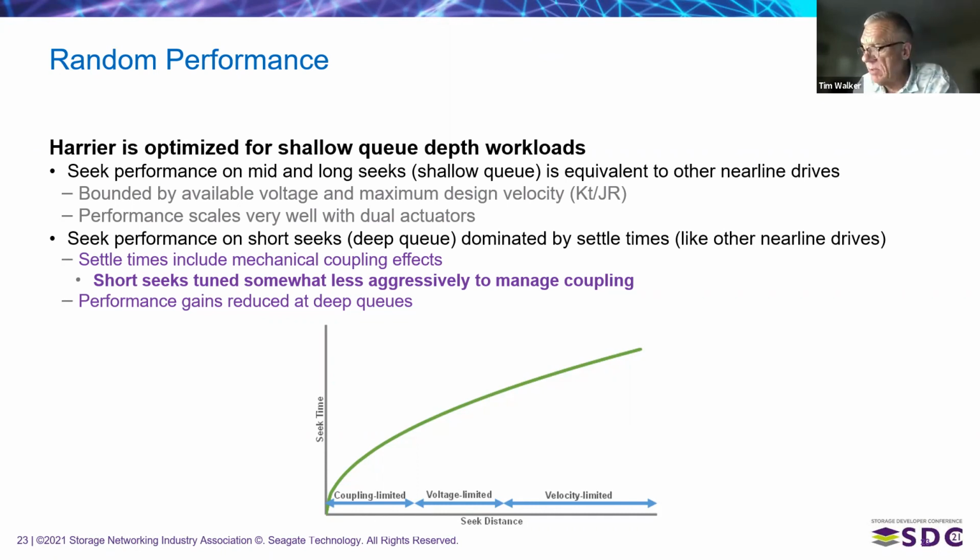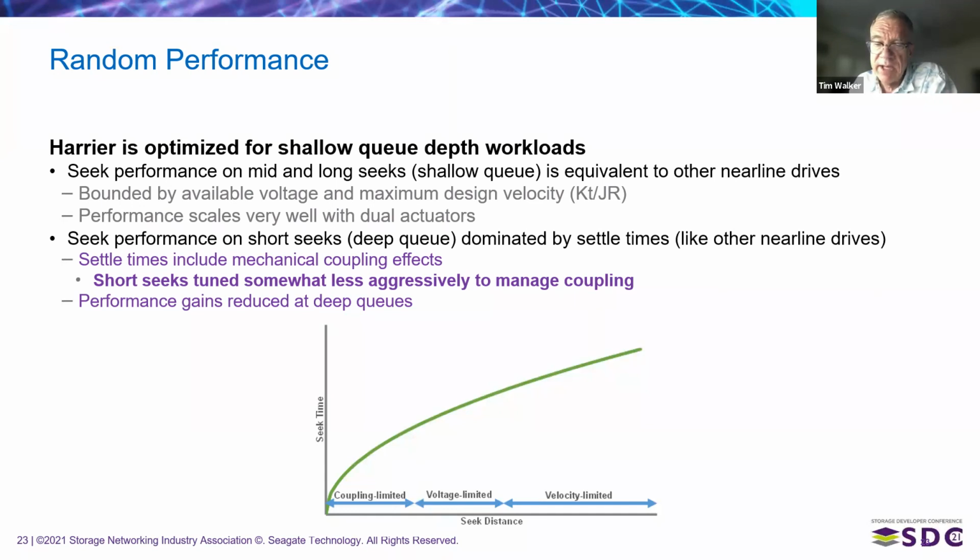That mechanical coupling is mainly from the acceleration and deceleration portions of the seek. A hard drive seek has an acceleration, a coast, then deceleration, and depending on the seek length is how much of the actual seek time is spent in each of those ranges.